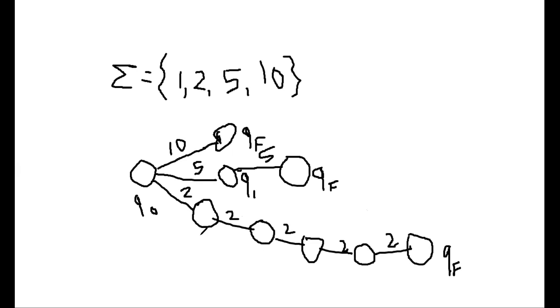This is your Q1. Q1 is already used, so I will name this Q2. This is Q3, like this Q3, Q4, Q5, and this Q6, instead of naming it Q6, I will say QF because here we are getting the output.